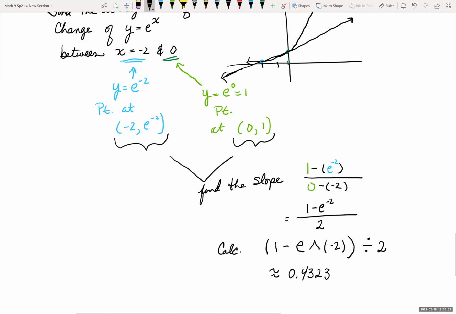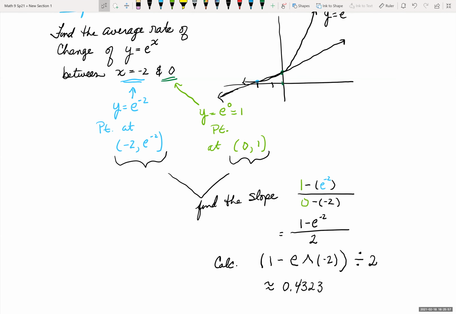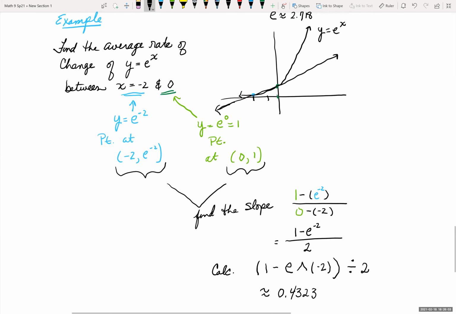Okay, so the average rate of change on this graph, y equals e to the x, between these 2 points is the slope of the line that joins them.